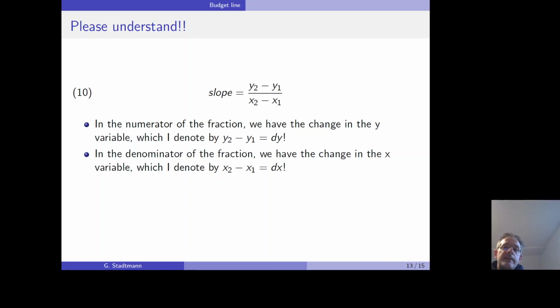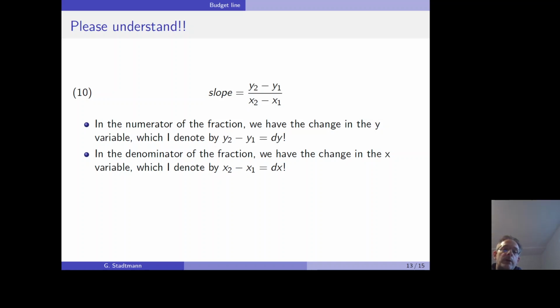So please understand how the magic formula you have learned so far is related to what we did in class. In the numerator of this fraction, we have the change in the y variable, which I denote as dy. And in the denominator, we have the change in the x variable, x2 minus x1, which I denote as dx.